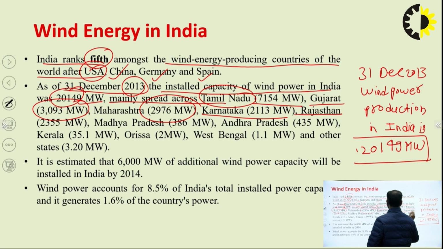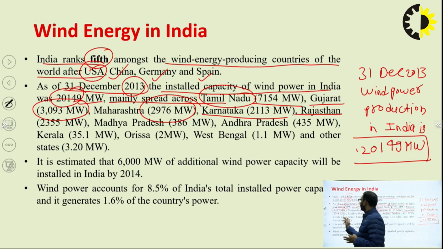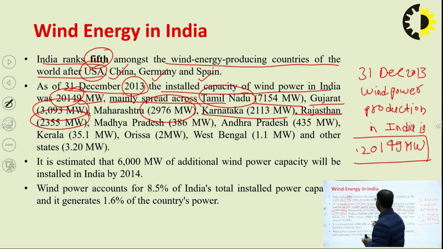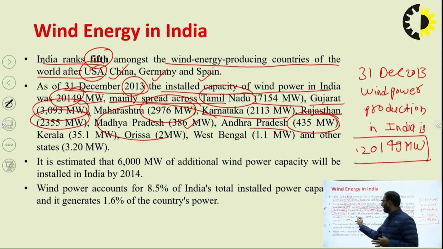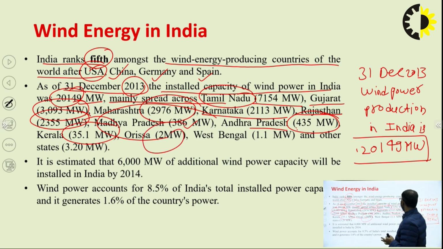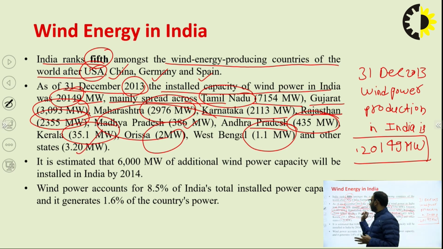Then Rajasthan, 2,355 megawatt. Then Madhya Pradesh, here wind energy production is 386 megawatt. Then Andhra Pradesh, 435 megawatt. Then Kerala 35.1 megawatt, Odisha 2 megawatt, West Bengal 1.1 megawatt, and other states 3.20 megawatt.